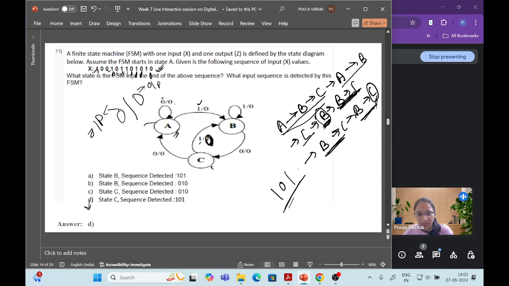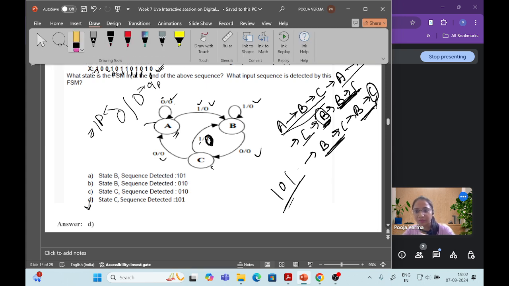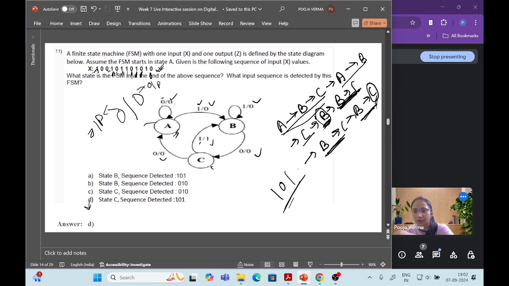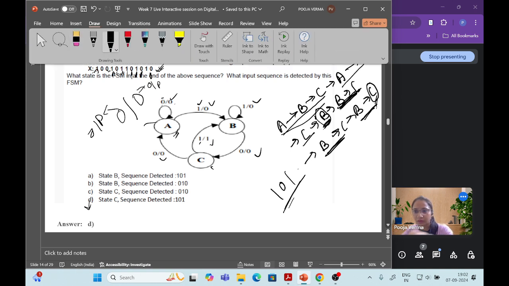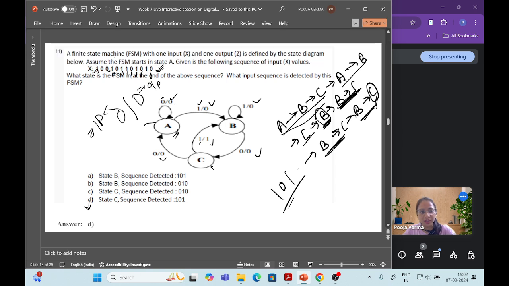That means here it has detected the sequence, right? All others you can see the output is 0, it remains 0, right? Here only it detects the sequence. So here it changed its output, right? So now we need to check these three.